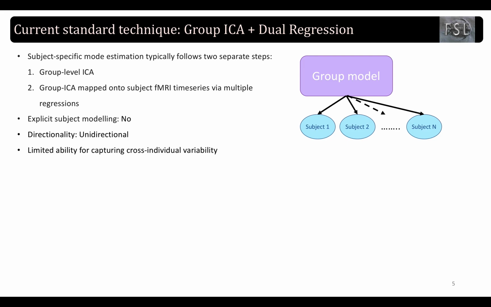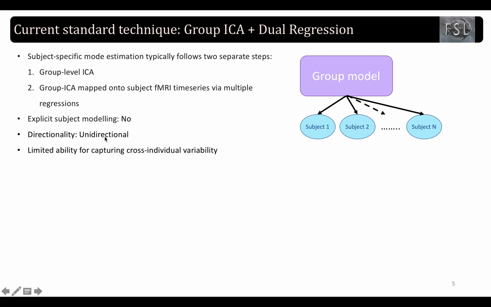In this way of modeling, because we derive the subject-specific networks based around the group, we do not include any explicit subject modeling. Additionally, because we always estimate the group-level ICA first and the subject-specific networks next, the flow of information is unidirectionally from the group to the individuals.